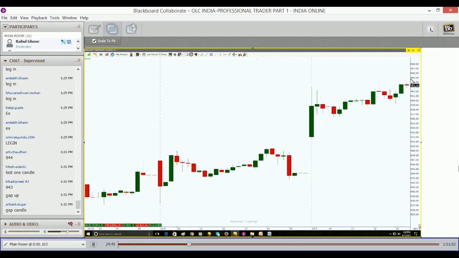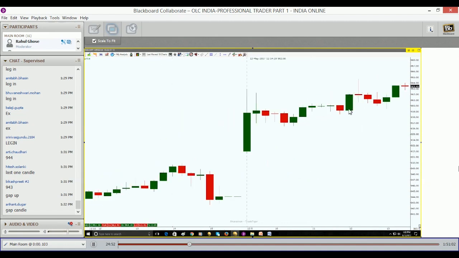Gap up. But is that the only explosive move? Why don't you feel even this green candle is an explosive move? I have an explosive move over here.